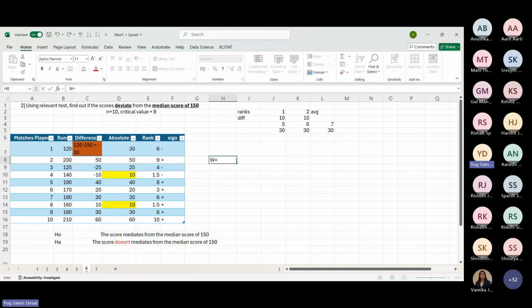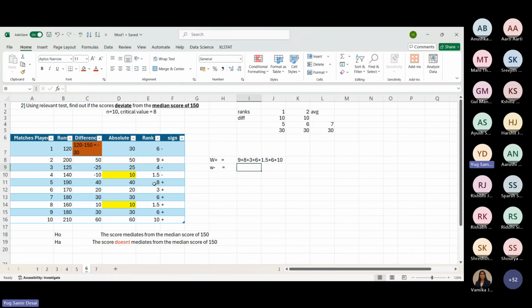After that, we calculate the value of all the positive and the negative signed ranks. For all the positive values, we had 9, then 8, then 3, then 6, then 1.5, then 6 again, and then 10.